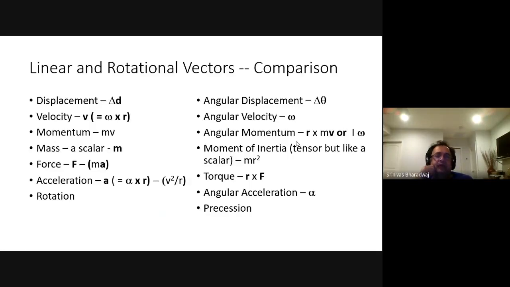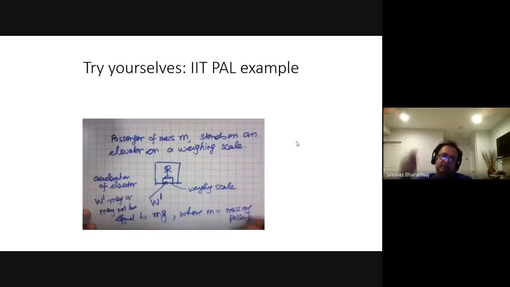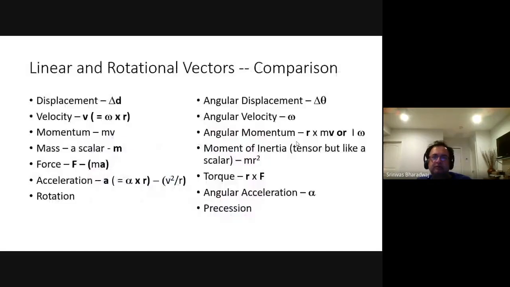Precession happens when your angular momentum is changing in direction and the torque is perpendicular. You will deal with that when you deal with the top or other devices you will meet when you look at circular motion, and you must learn all these in great detail.